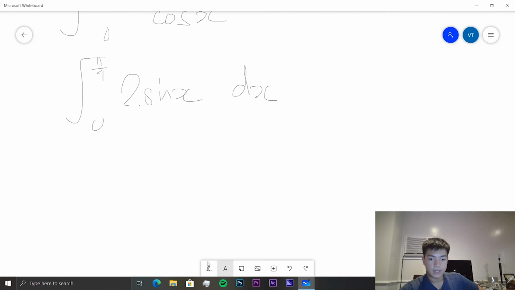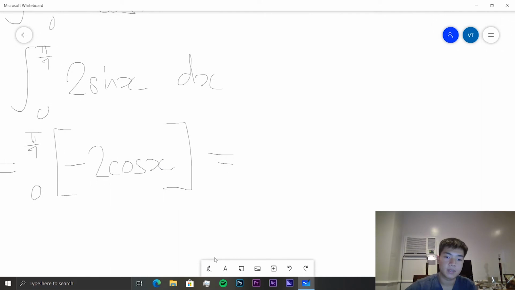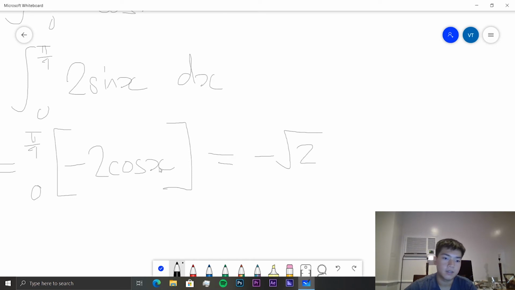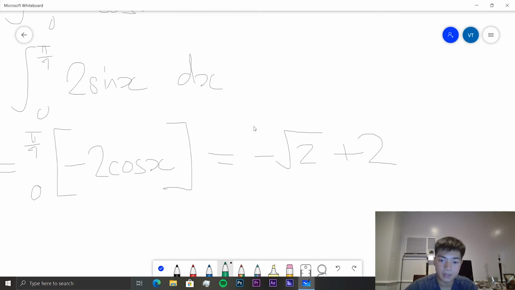So if we integrate this, this will be equal to negative 2 cosine x from 0 to pi over 4, which is equal to negative 2 times negative root 2 plus 2. So it's just negative root 2 plus 2, or 2 minus root 2.